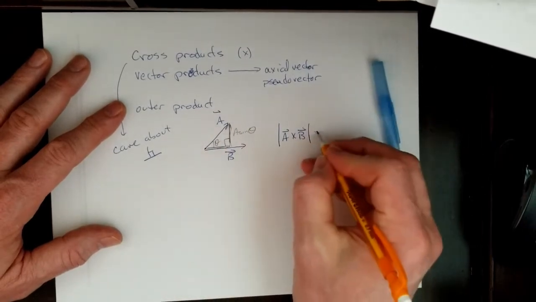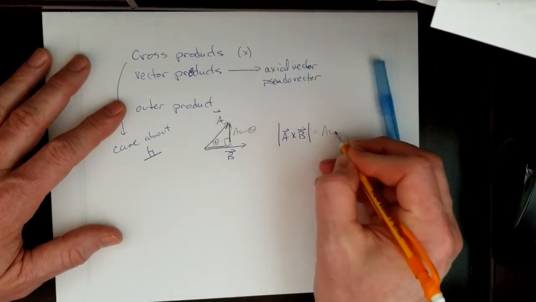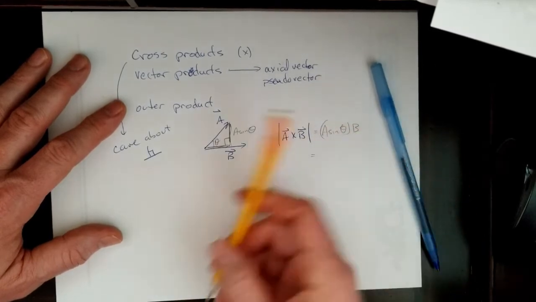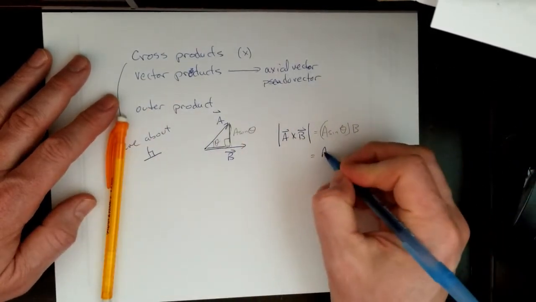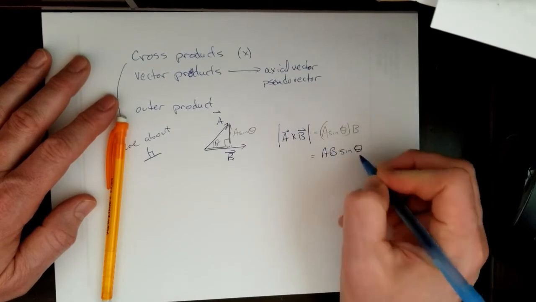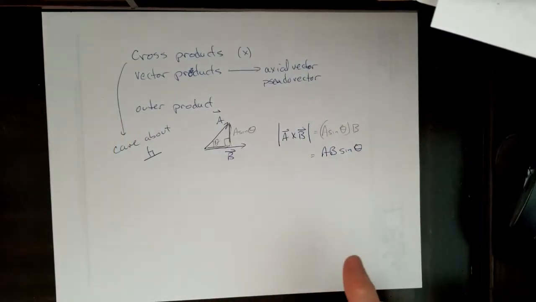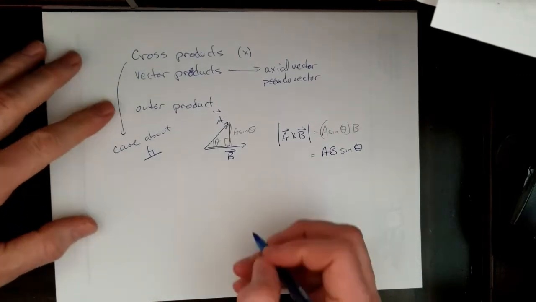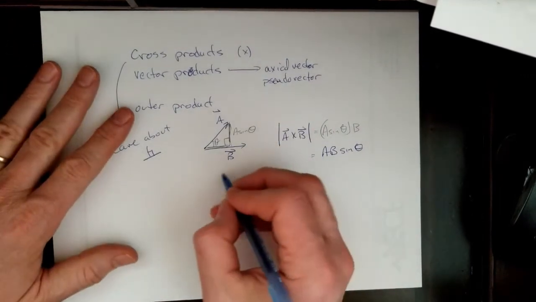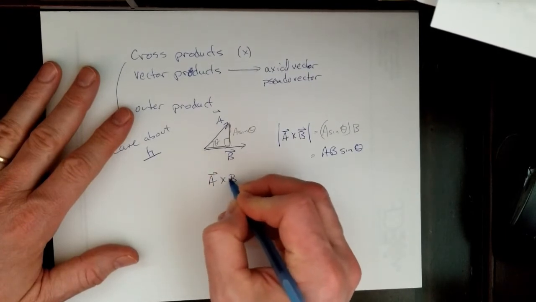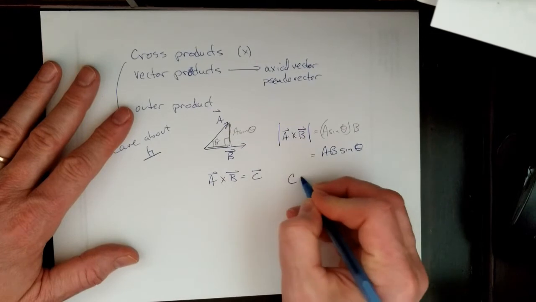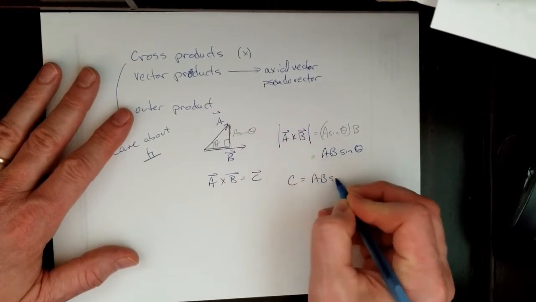And so the magnitude would be A sine theta times B, the magnitude of B, which ultimately is just AB sine theta. So the magnitude is that. Now I have not given a direction yet, and we know that it does produce a vector. So if A cross B equals C, then the magnitude of C is equal to AB sine theta.